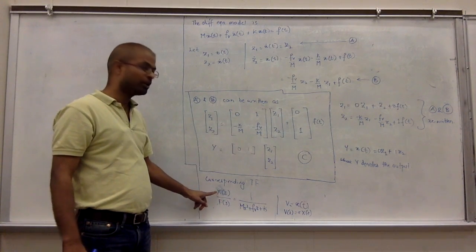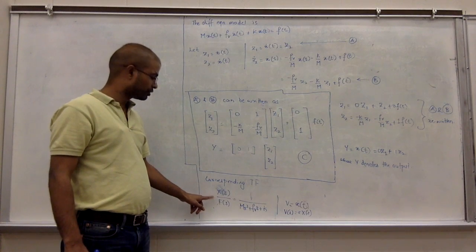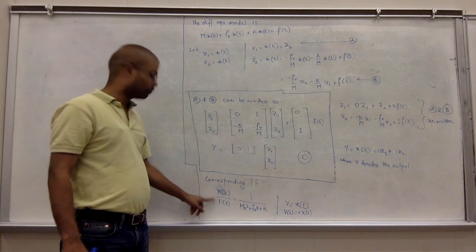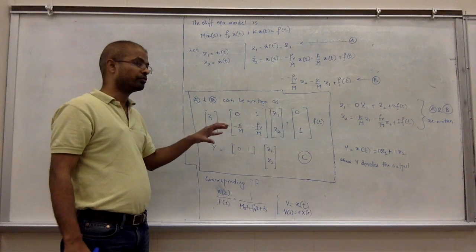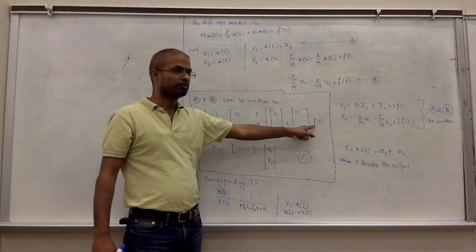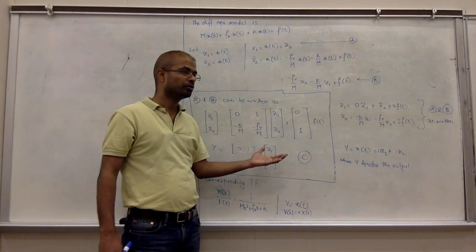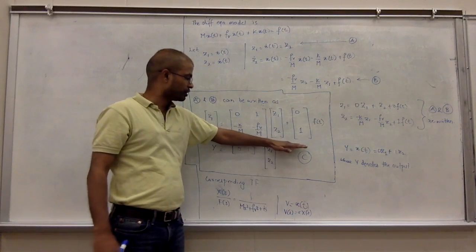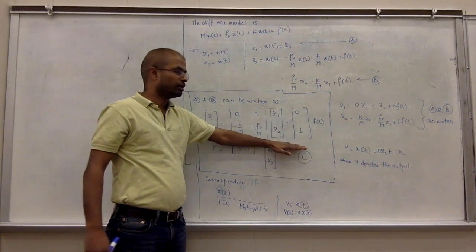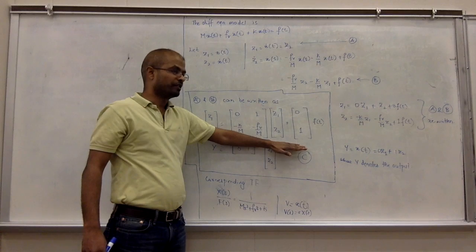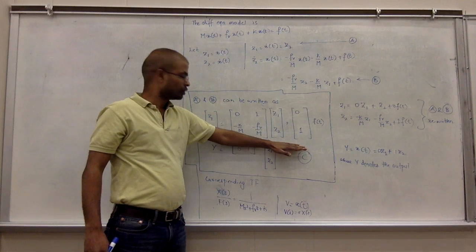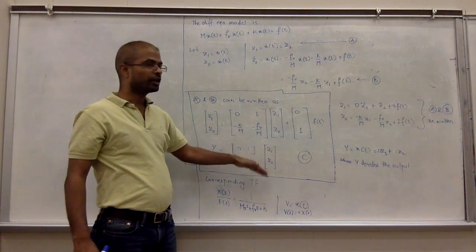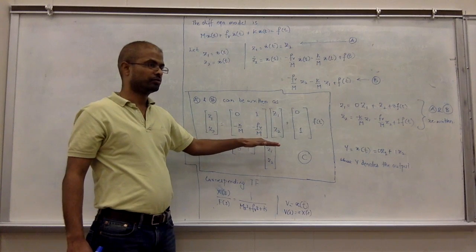If you're comparing, the transfer function tells you your input-output relationship, right? You know the input. Do you know the output? If you just look at the top portion, there is no input-output relationship. Together, it will tell you the input-output relationship.